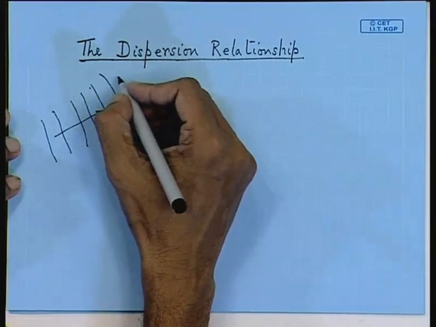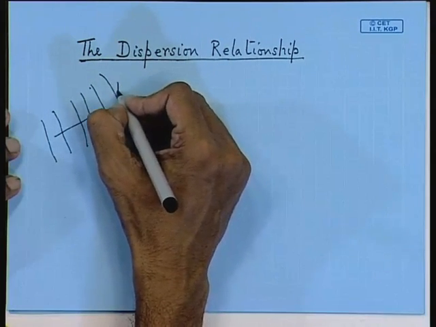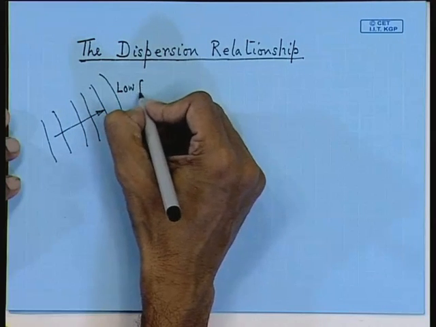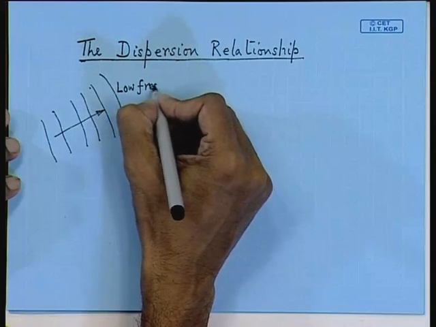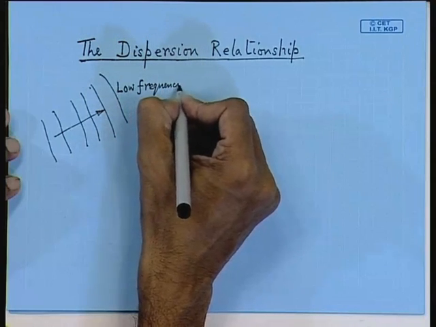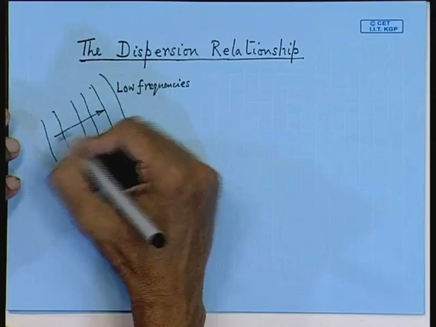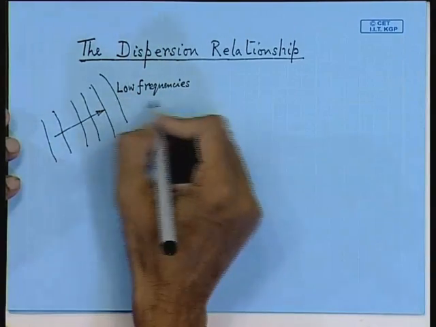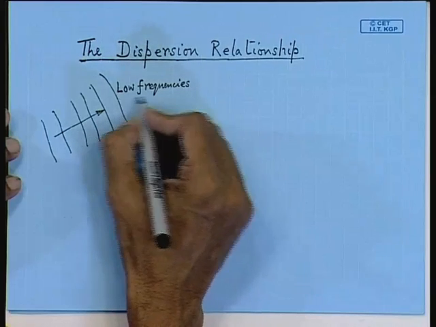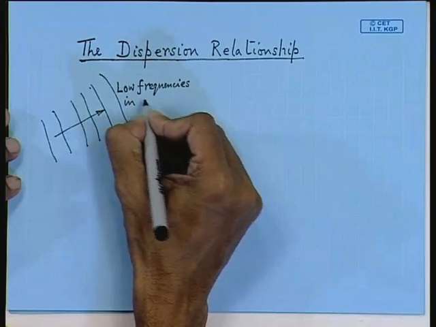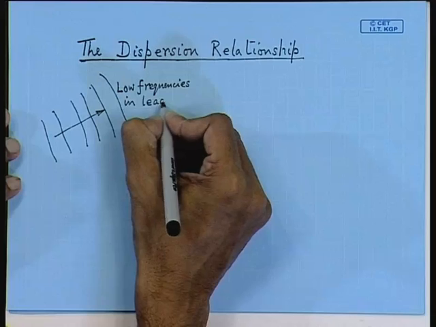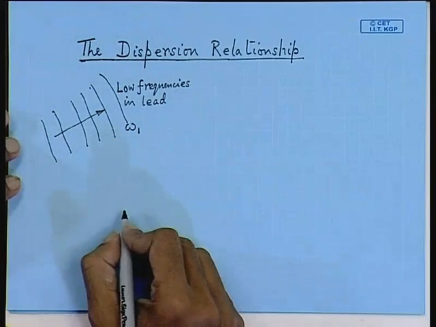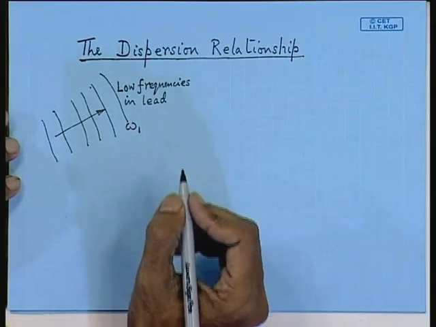Now you find the low frequencies are in the lead. This of course has further study which I am not telling right now. So low frequencies in lead, so you can write this as, let us say, omega 1. What is the value of omega?